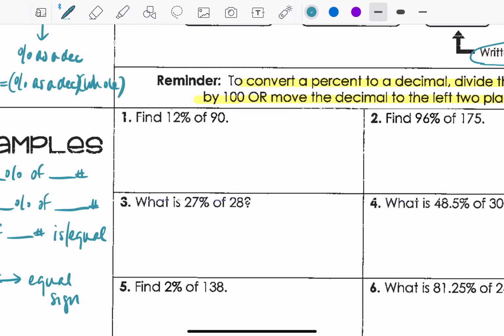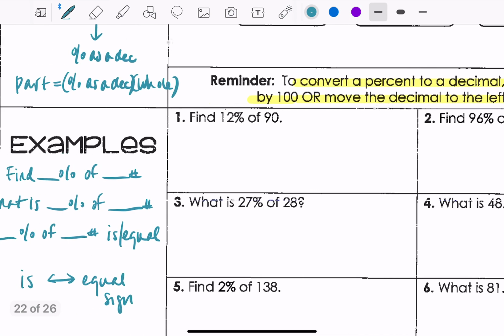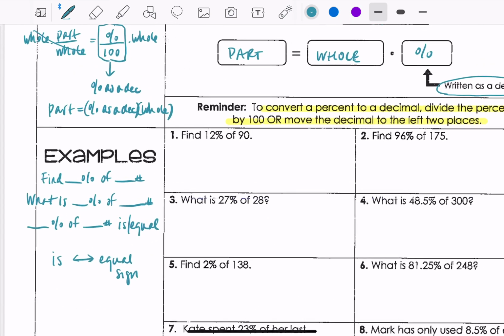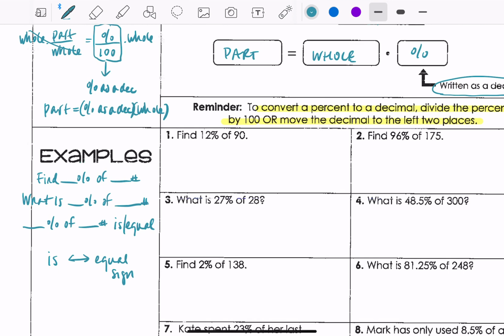So they want us to find 12% of 90. So my equation, my part, equals, and I'm going to write x equals because that's what I'm trying to find, my whole, which is 90, times the percent as a decimal. And that's going to be 0.12, because I can either divide 12 by 100 or move the decimal places to the left, and that's what I'm multiplying.